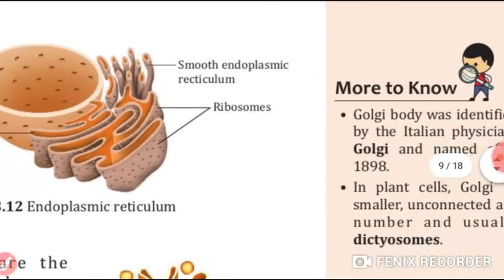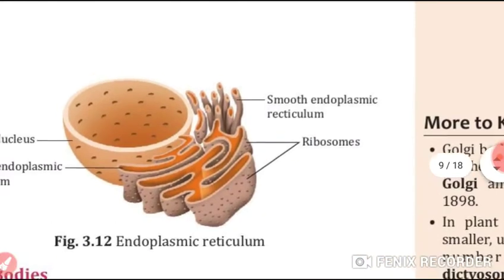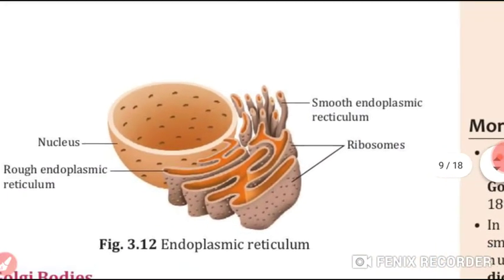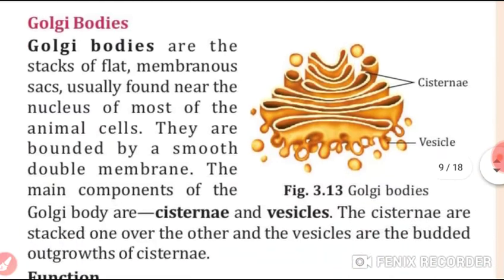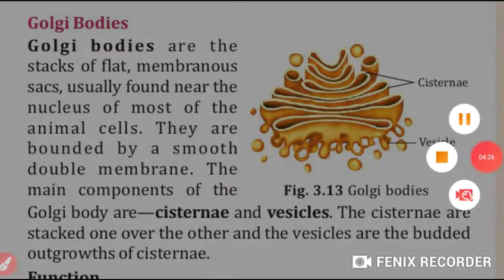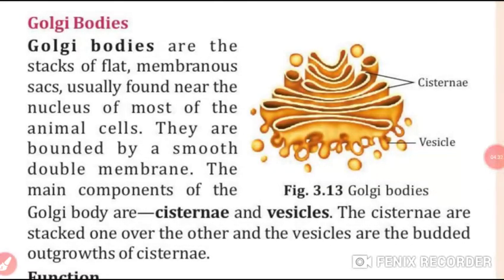Now, students, I will show you the picture of ER, endoplasmic reticulum. Okay. So now let's come to the Golgi body, students. These are stacks of flat membranous sacs and they are found near the nucleus of most of the animal cells.